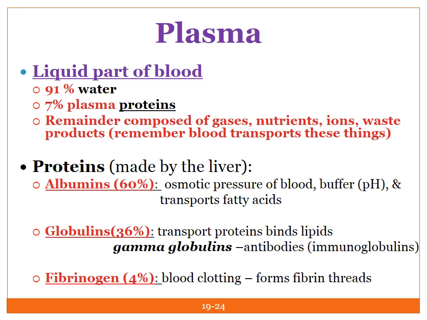Globulins are the second most common type of protein, and besides the transport of fats, they're also involved in creating antibodies. Gamma globulins, for example, are important in creating the antibody structures, also known as immunoglobulins. And then fibrinogen is a very important blood protein that's involved in blood clotting. It helps to form the fibrin threads that will create that blood clot.